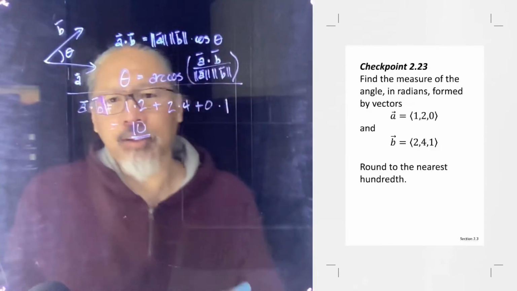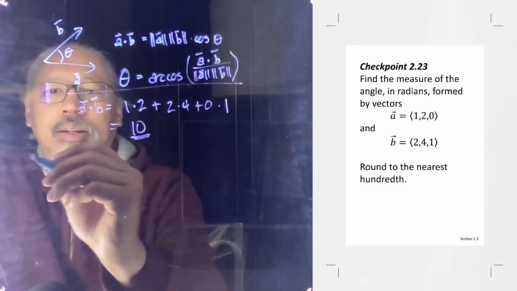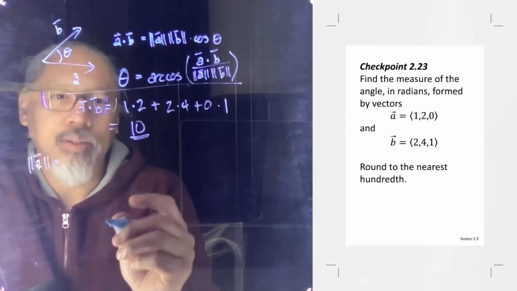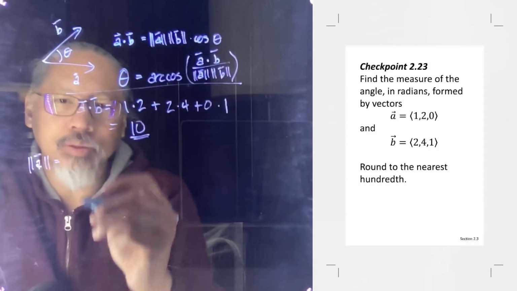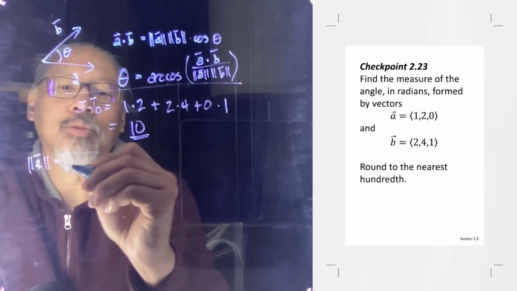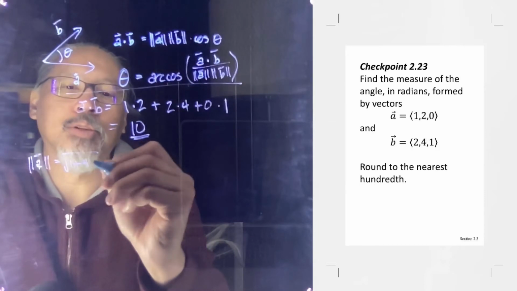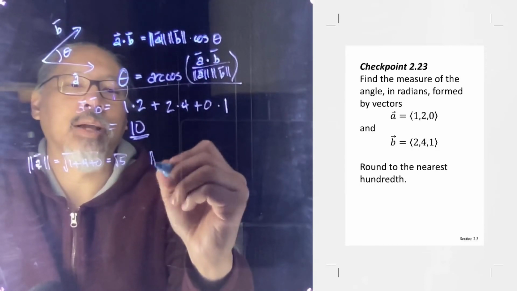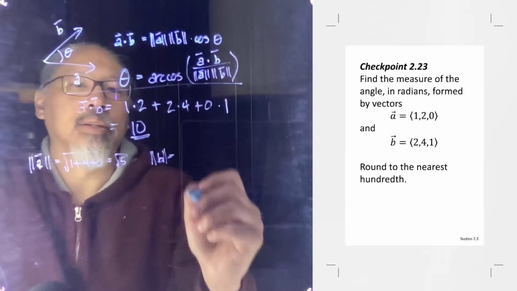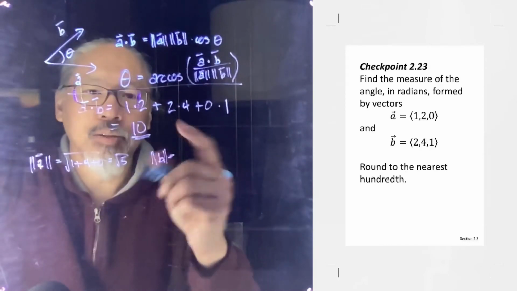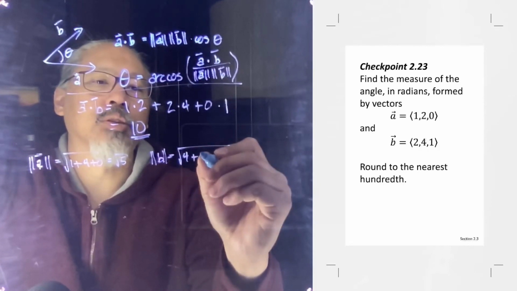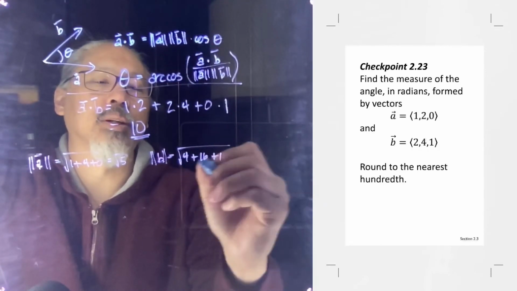Now let's take the magnitude of each of those. If we take the magnitude, we're looking at some square root stuff. For A, ⟨1, 2, 0⟩, the square root of 1 plus 2 squared is 4 plus 0, so the magnitude is the square root of 5. And then the magnitude of B, ⟨2, 4, 1⟩: 2 squared is 4 plus 4 squared is 16 plus 1.